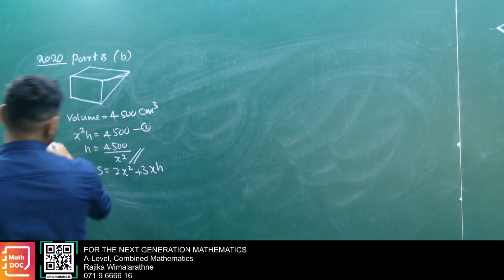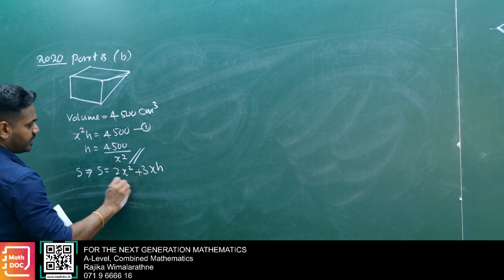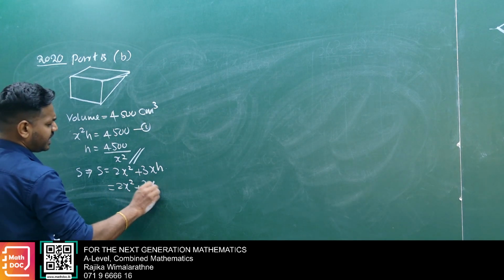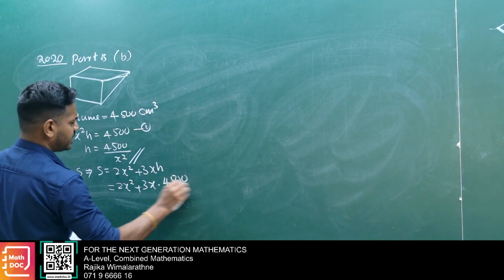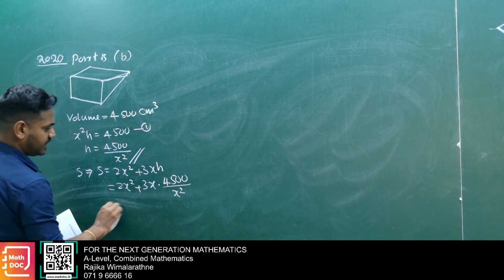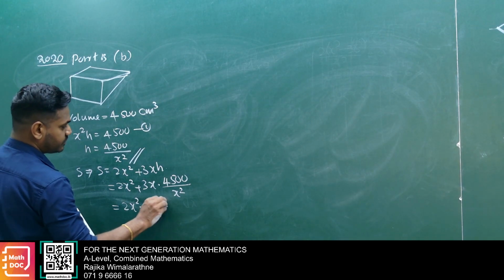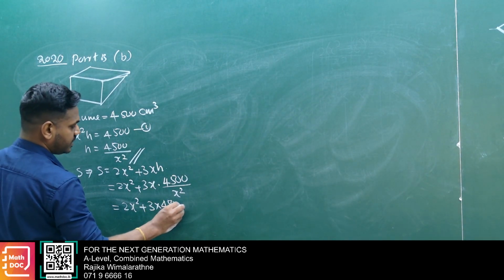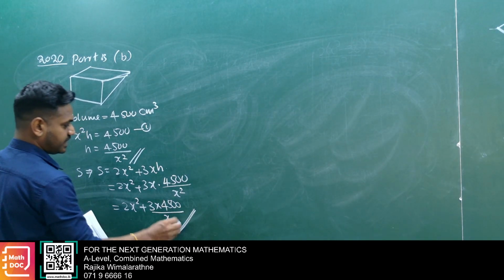Now you have to differentiate this, but before that convert it into a single variable. Substituting h equals 4500 over x squared, S equals 2x squared plus 3 times 4500 divided by x, a single variable function.